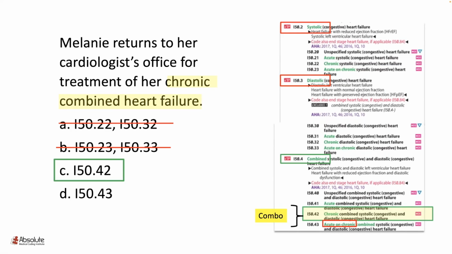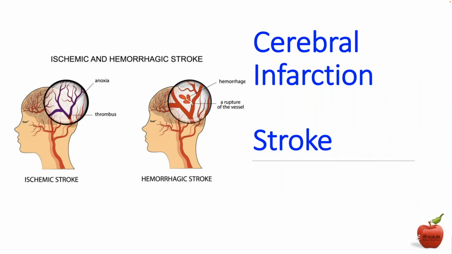If it is, the documentation would have said that. Nothing in the documentation specified it. It only said it was chronic combined. So if you said C, outstanding. If you said D, aha moment for you, and that is priceless. All right, good job, everyone.